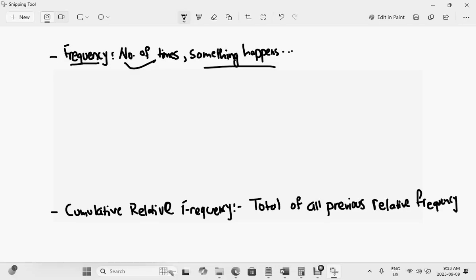And what is relative frequency, you may ask? This has to do with a ratio. Relative frequency, as the name suggests, has to do with being relative to something. So relative to the total, for example.